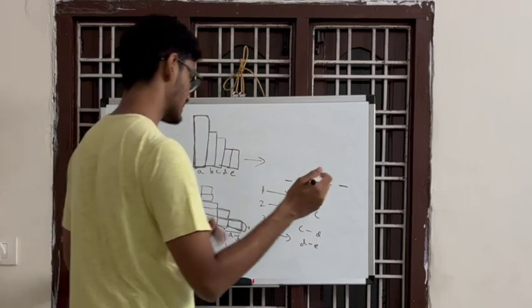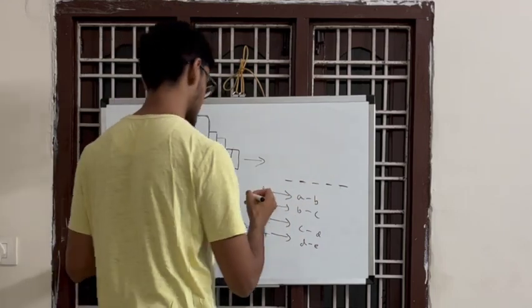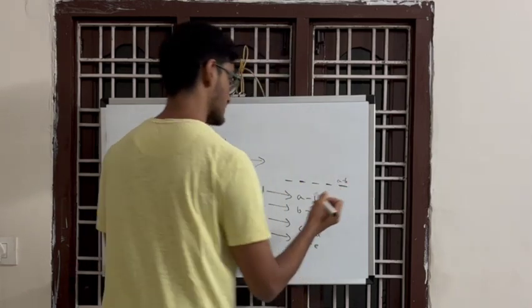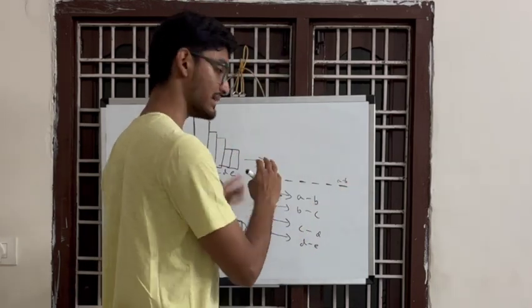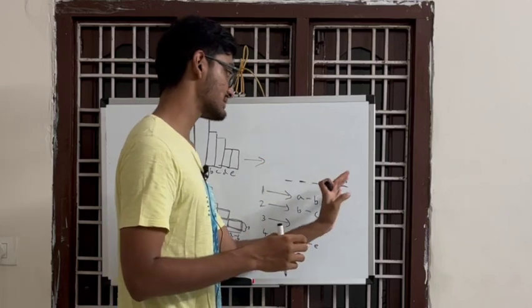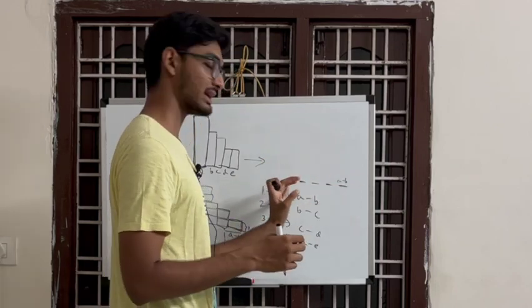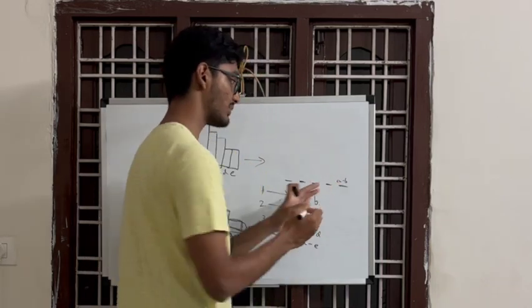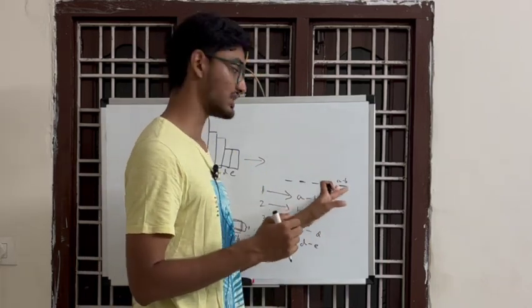The smallest block should always, even if you flip it, be at the end and the largest fence should be at the beginning. So this is A minus B, the number of blocks of length 1.